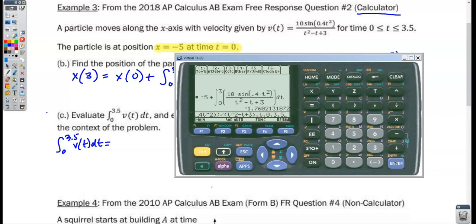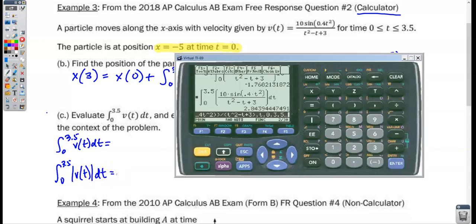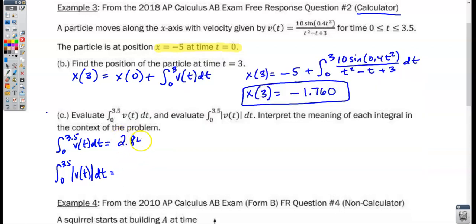We'll let this calculate. And then I'm also going to find the integral from 0 to 3.5 of the absolute value of v of t dt. Alright. And we got 2.844. 2.843 is also acceptable here.